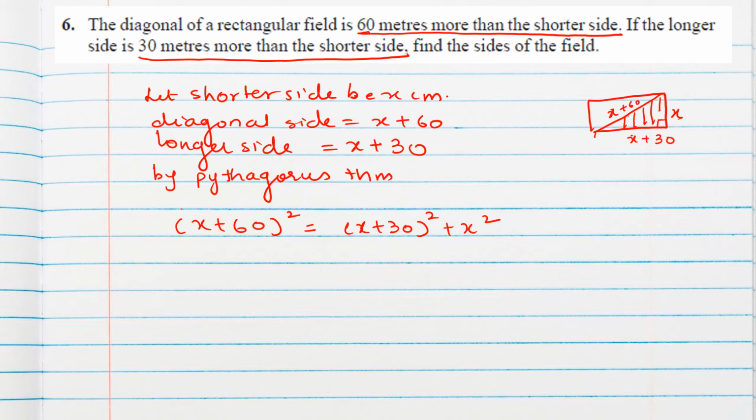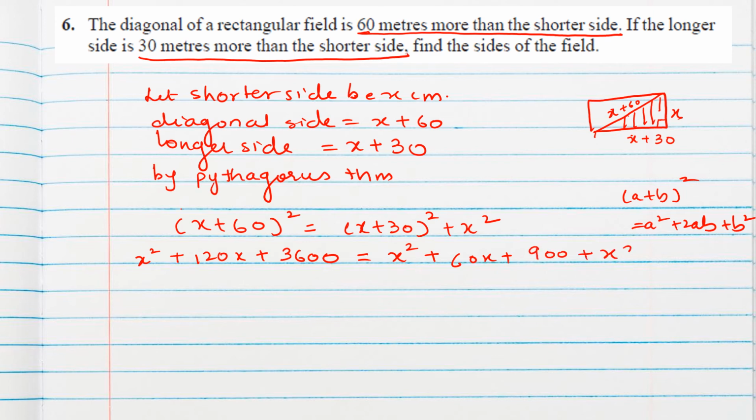Now open the bracket using identity a plus b whole square, a square plus 2ab plus b square. So x square plus 120x plus 3600 equals x square plus 60x plus 900 plus x square.